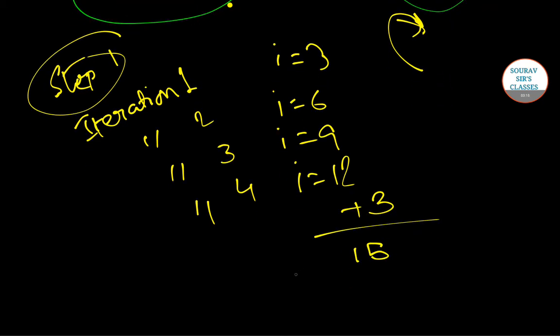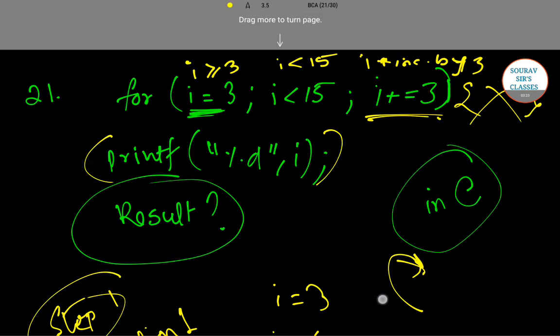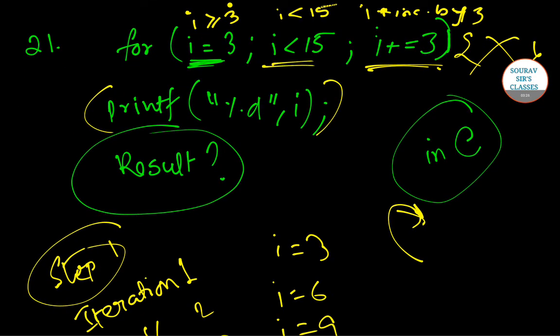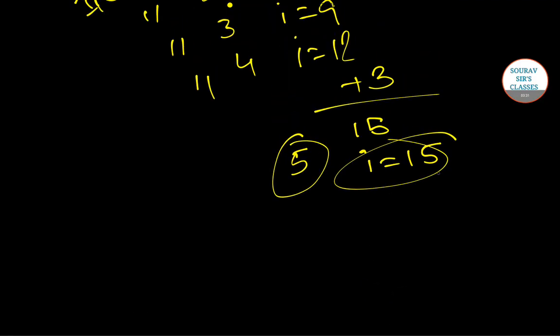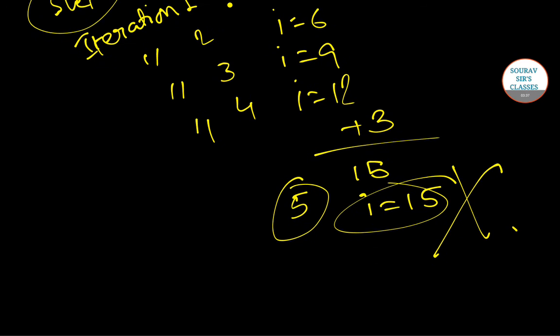So when it comes to iteration 5, the value of I equals 15, and it was given that I should be less than 15. So at this part the for loop doesn't run and it breaks out of the for loop. The value of I is now 15 and the for loop has already stopped.